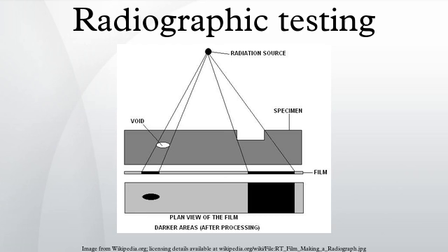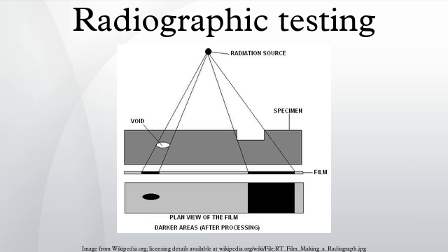EN 14784-1, non-destructive testing, industrial computed radiography with storage phosphor-imaging plates, Part 1, classification of systems. EN 14784-2, non-destructive testing, industrial computed radiography with storage phosphor-imaging plates, Part 2, general principles for testing of metallic materials using X-rays and gamma rays.